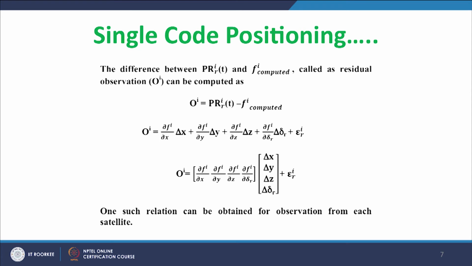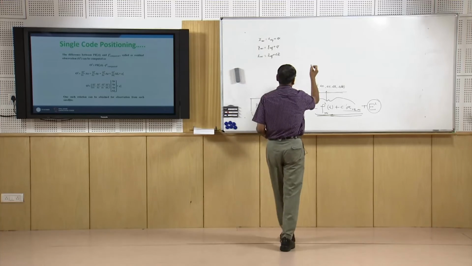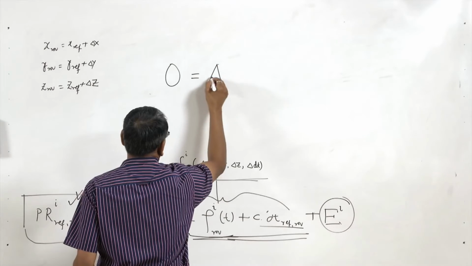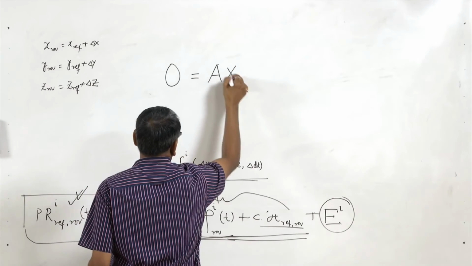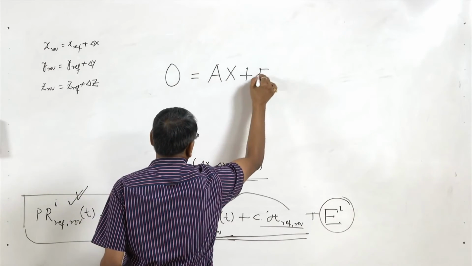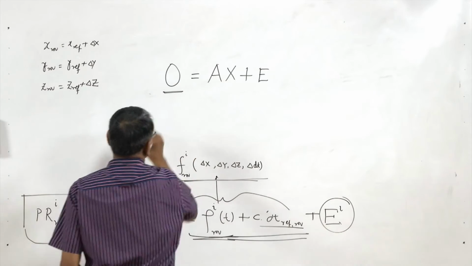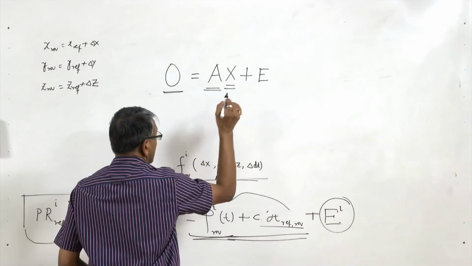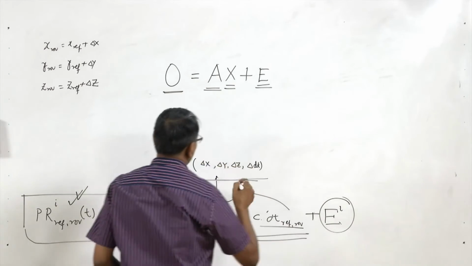So, here also we will ultimately end up with an observable equation equal to Ax plus E, where O is the residual observation, A the design matrix, x the unknown parameter matrix, and E the error matrix.